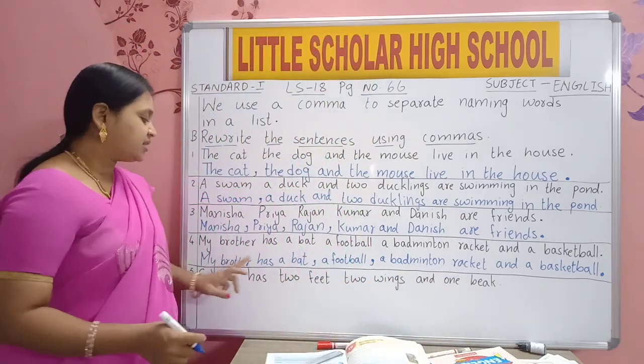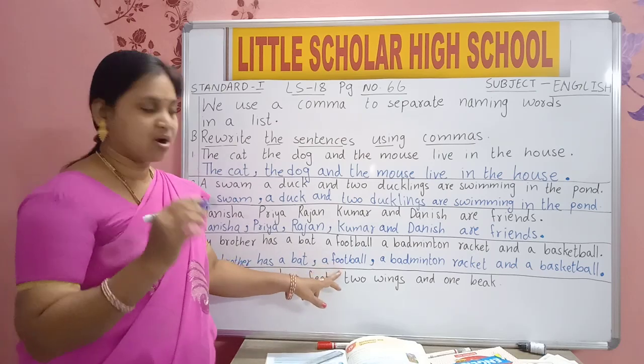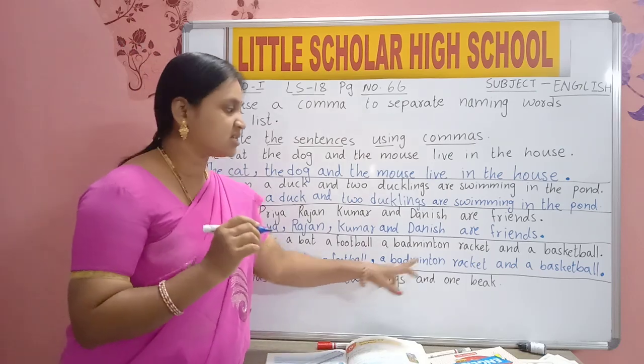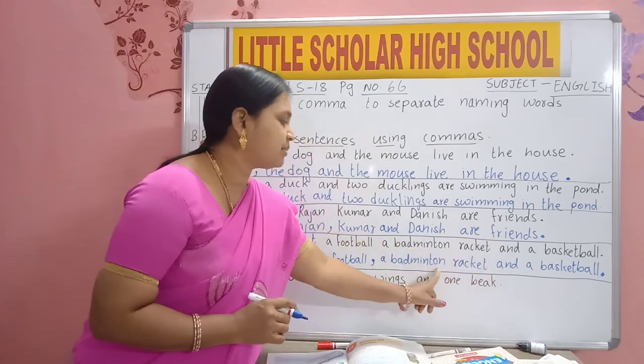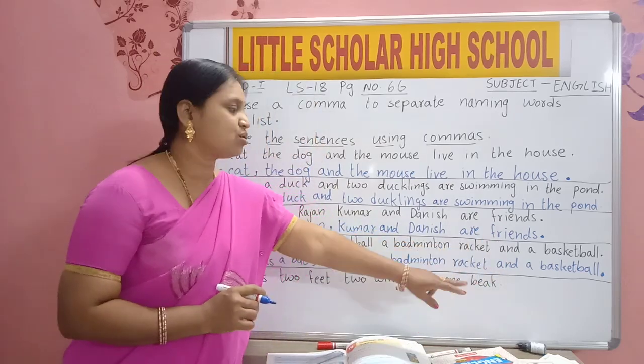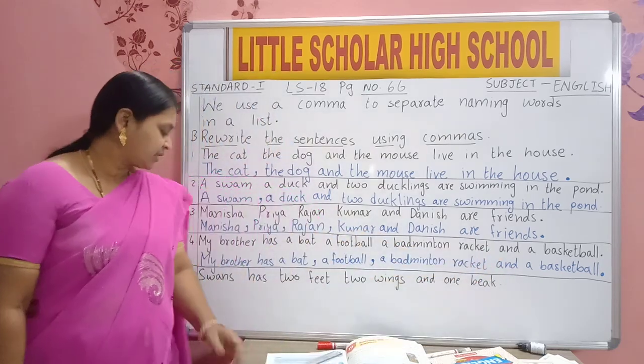See, my brother has a bat, comma, a football, comma, a badminton racket, and a basketball. "And" is given to separate badminton racket and basketball, so no need to put a comma.